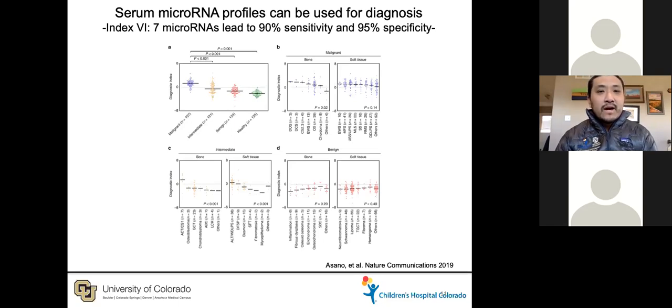If it is expressed, it leads to 90% sensitivity and 95% specificity for the diagnosis of pretty much across the board sarcomas. They compared it to healthy donors, people with benign tumors, and a variety of other cancers, and found that this approach had the strongest data in sarcomas.